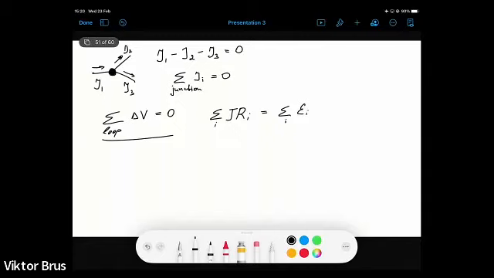So there are different ways we can explain this loop law. Let us consider a possible application of these Kirchhoff's laws, how they can help us to deal with different electric circuits.